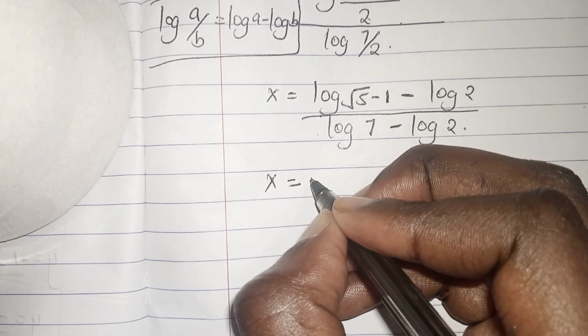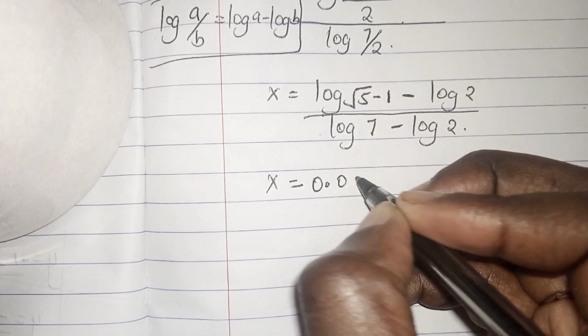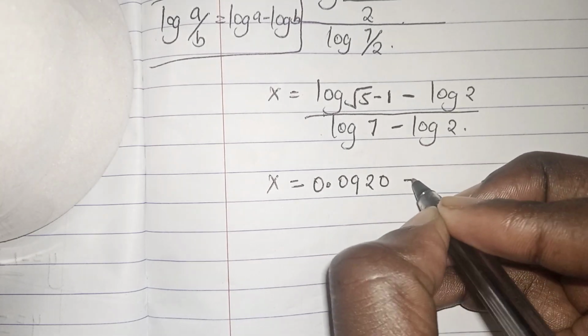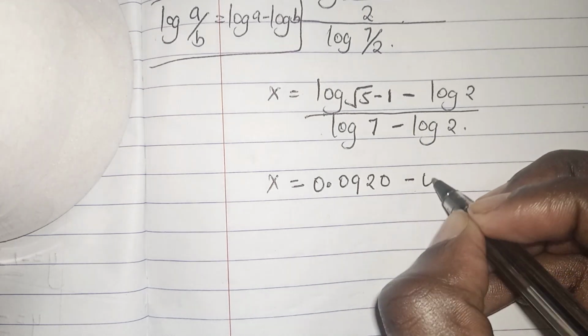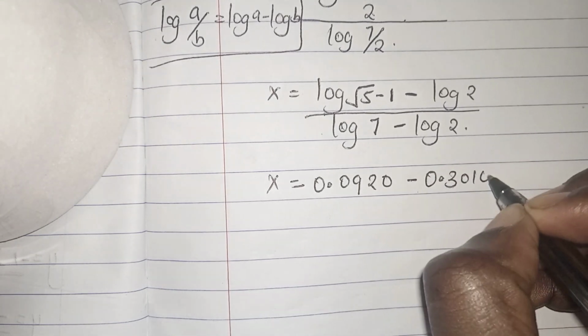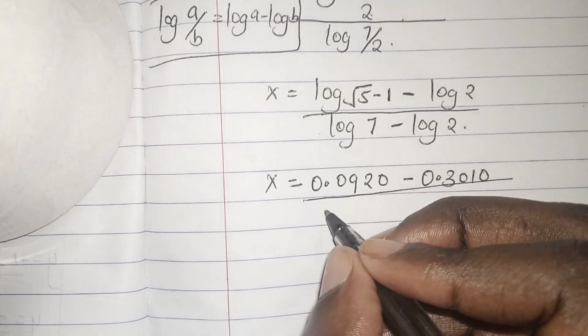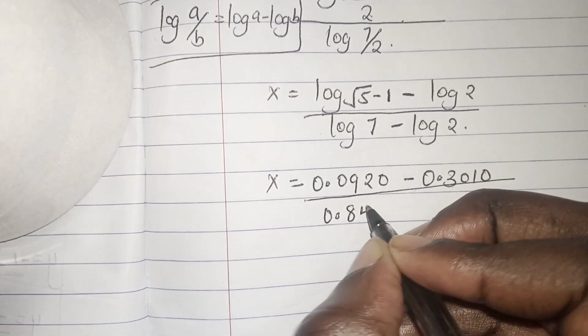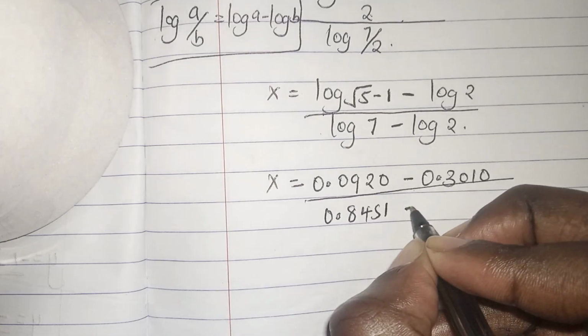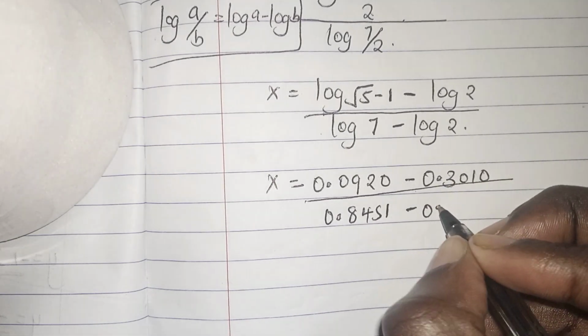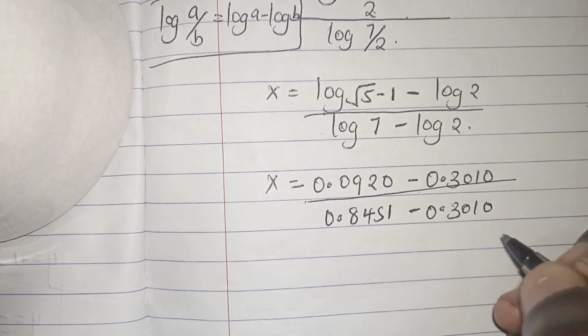This gives us 0.0920 minus log 2, which gives us 0.3010, over log 7, which is 0.8451 minus log 2, which is 0.3010.